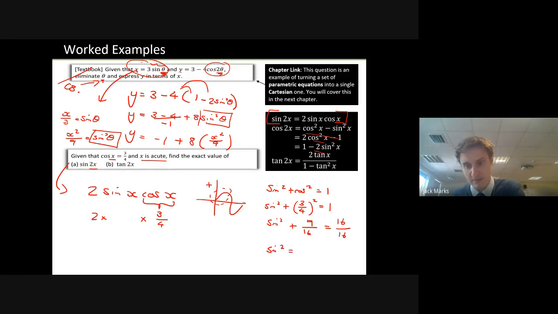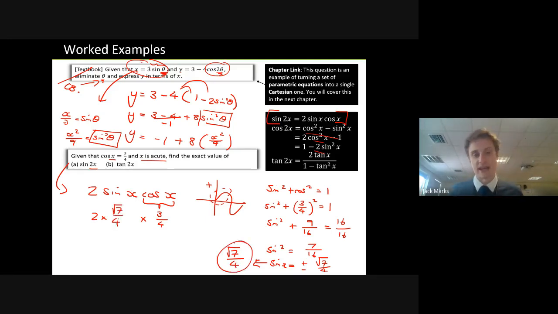So sine squared must equal 7 over 16, so sine of x must equal plus or minus root 7 over 4. And because I know that it's acute, that lets me know that it's actually the positive only. Okay, so root 7 over 4.